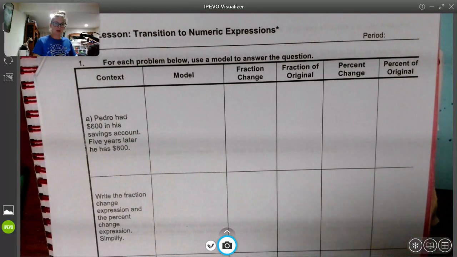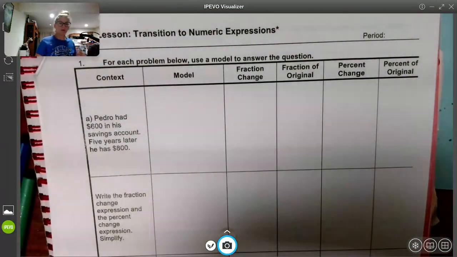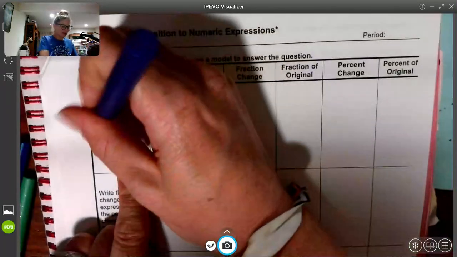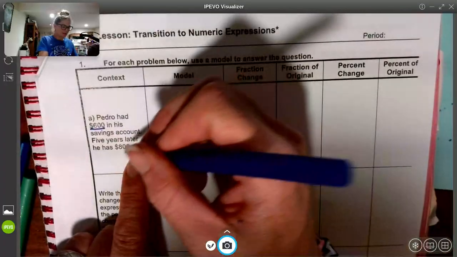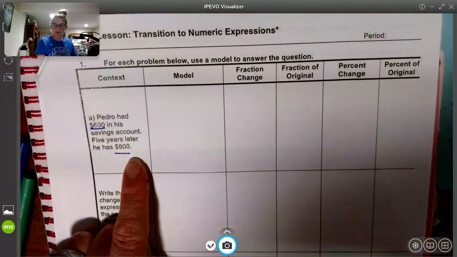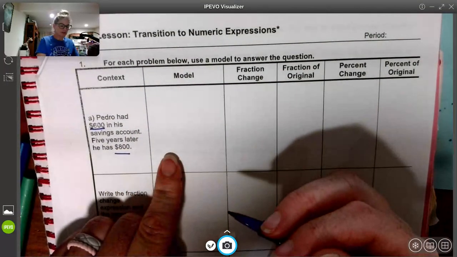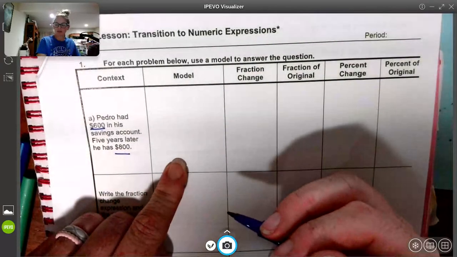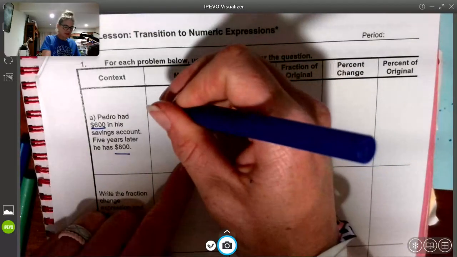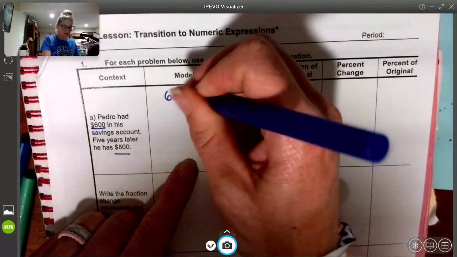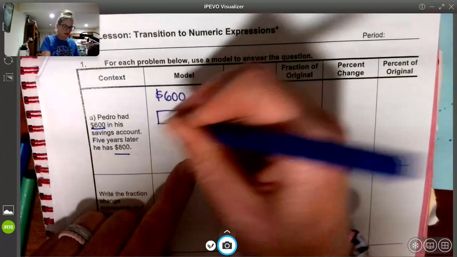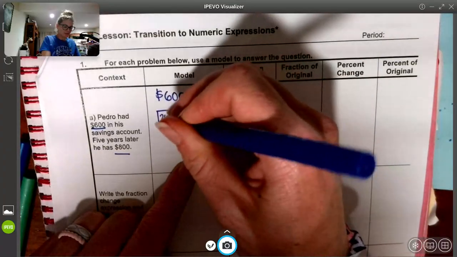Starting with this table, we're going to be looking at 2 word problems and how those numbers correspond to it. Pedro had $600 in his savings account, and then 5 years later he has $800. Here our GCF, the biggest number that goes into both of them, is 200. The first model of $600 is 3 sections of 200.